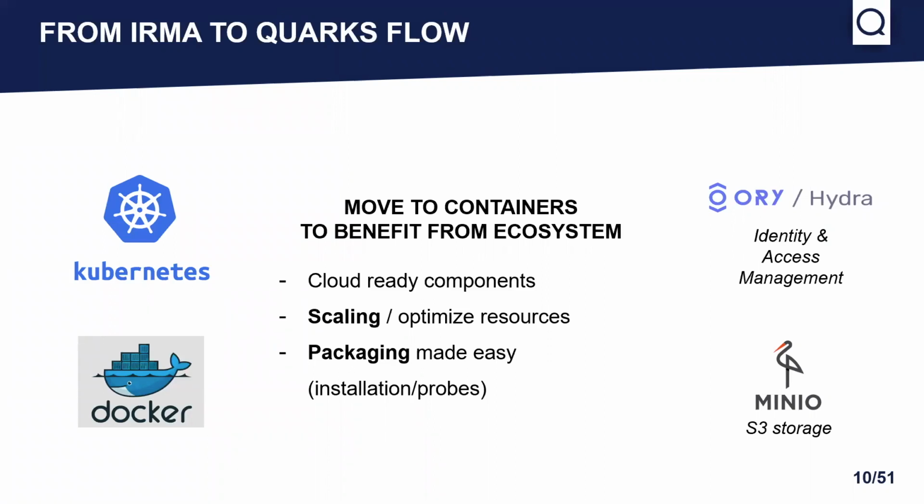It was also a way to move to an ecosystem with a lot of cloud-ready components. Ivan talked a bit about the identity and access management system. We picked Ory, a dedicated component that deals with the identity issue and allows us to plug our system into an enterprise identity provider easily, and also decouples our solution from this identity topic.